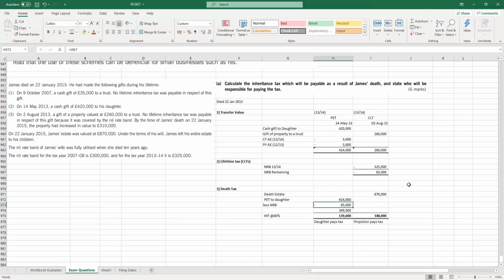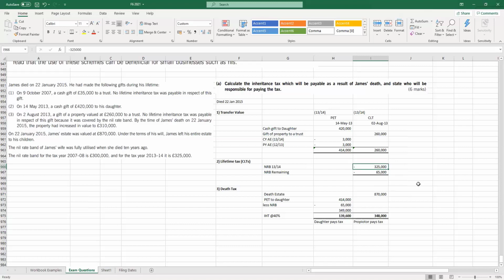So to begin with, we have the nil rate band of 325,000. But the cash gift in 2007, let's just take away £6,000, 2 times annual exemption, would reduce your nil rate band available for the cash gift.